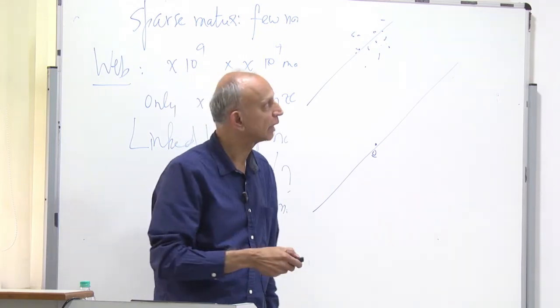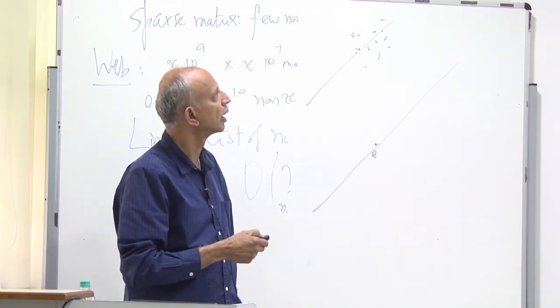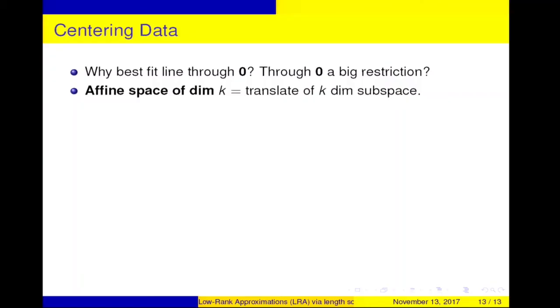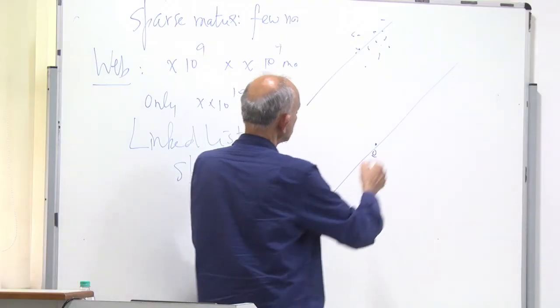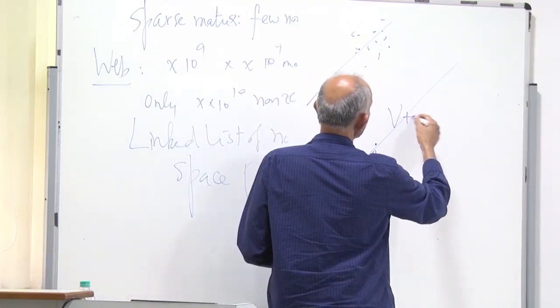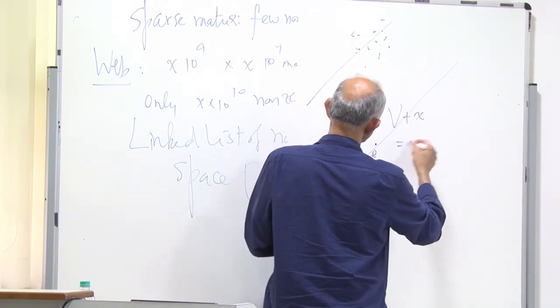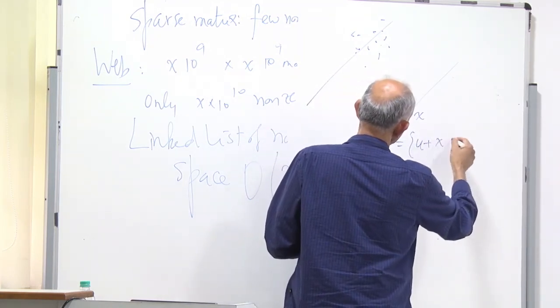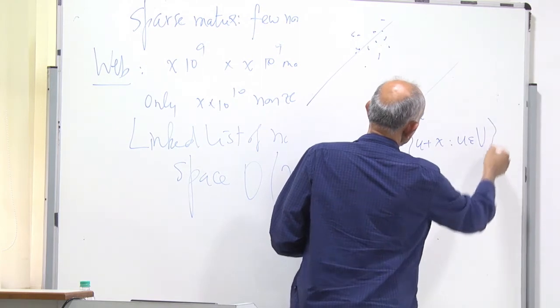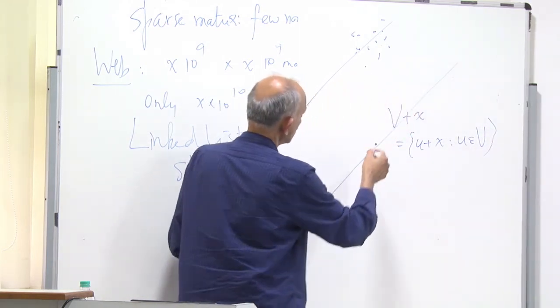How do you avoid doing that? First, the definition of an affine space of dimension k is just a translation of a k-dimensional space. So this is a vector space V. V plus x translation just means the set of u plus x, where u belongs to V. It's just moving it like that.